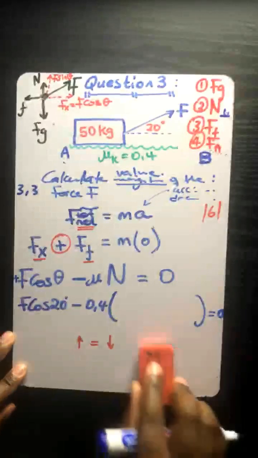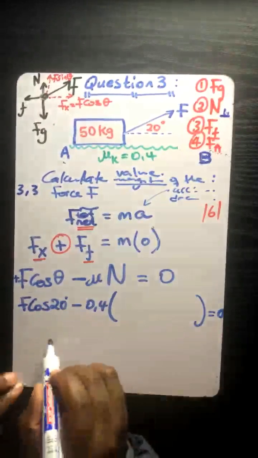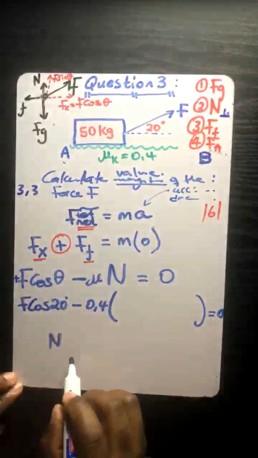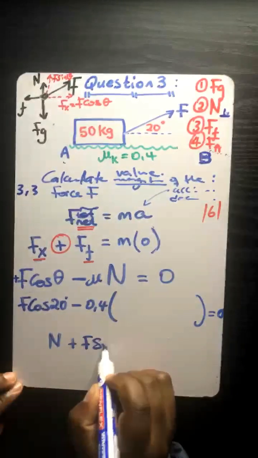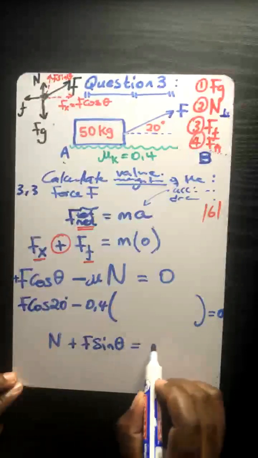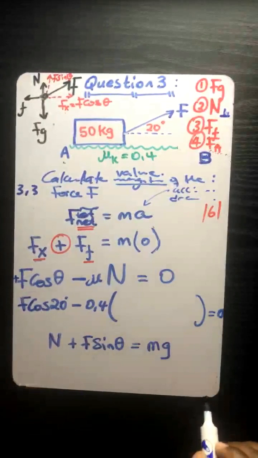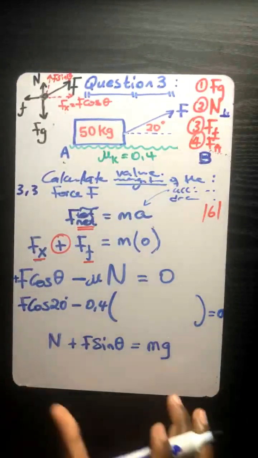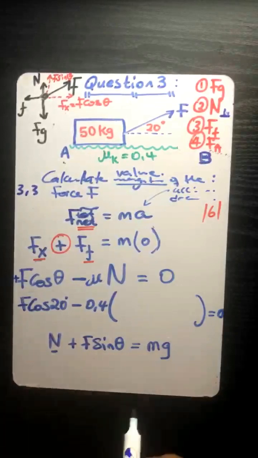So now let's try to formulate. How many upward forces do we have? We have the normal force. What else do we have? We have that one, F sine of the angle. Which other force? We also have the force of gravity. We know the force of gravity is mg. Let's make N the subject of the formula.